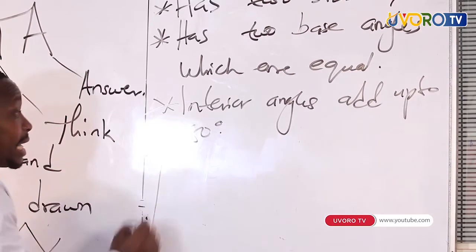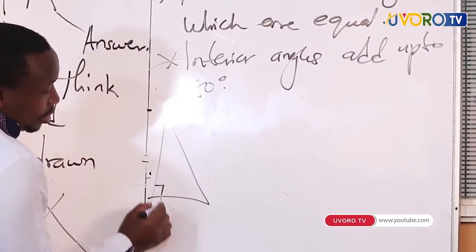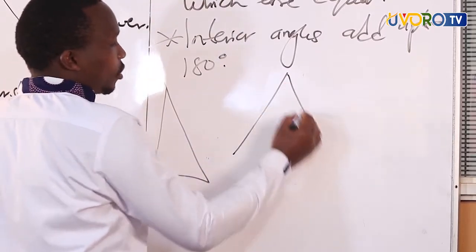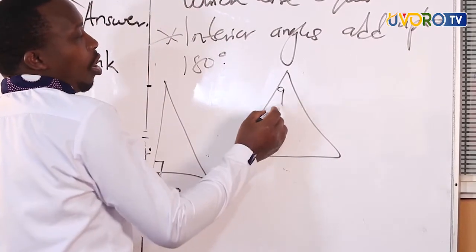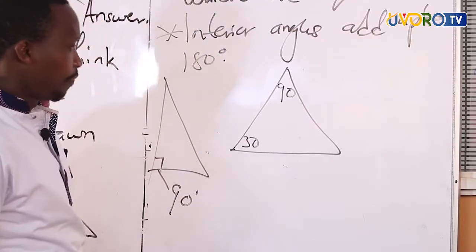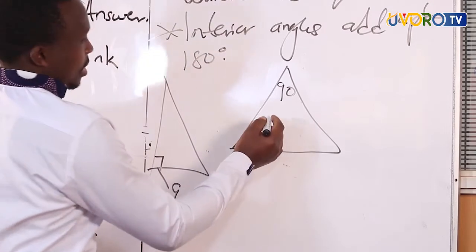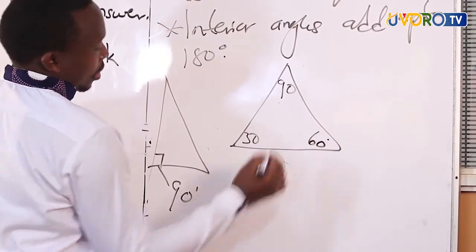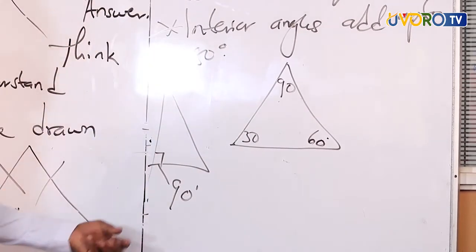If this one is a right-angled triangle, having 90 degrees, and this one is called scalene, whereby all the angles cannot be equal, so that one is scalene.